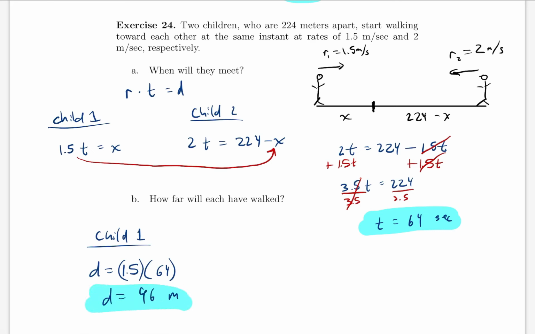And for child 2, you can do it the same way. You multiply the rate, which is 2, times 64, and 64 times 2 is 128 meters. And you can verify that those two distances add up to 224 meters.